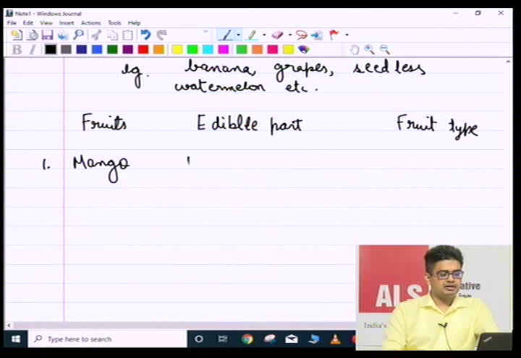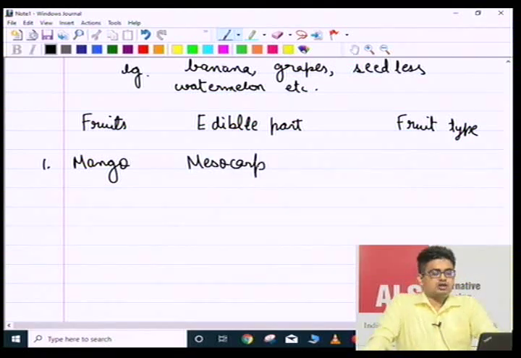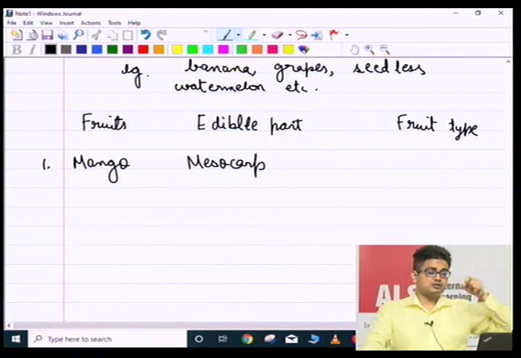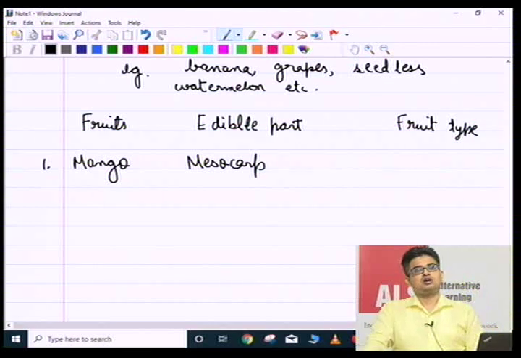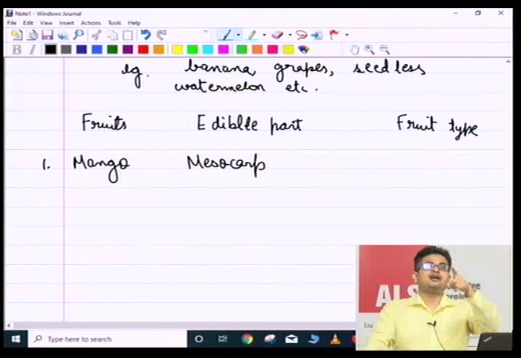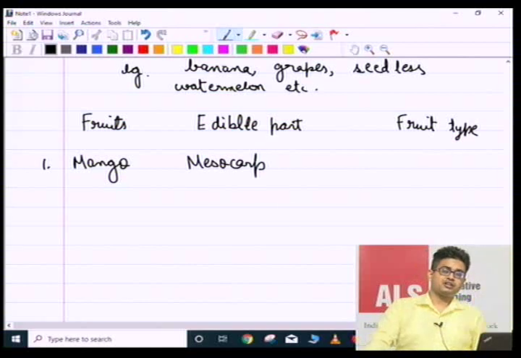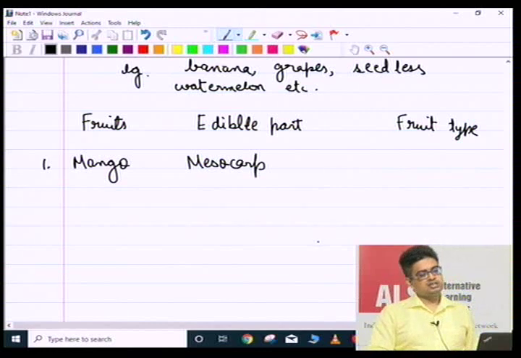But normally the edible part is mesocarp. Mesocarp is fleshy. And endocarp is stony. So when you eat a mango pickle, it has 3 parts: the green colored outer part is epicarp, the thick middle part is the mesocarp, and the stony part is the endocarp. Endocarp is stony, we do not eat it. So the edible part is only mesocarp. Fruit type is drupe.